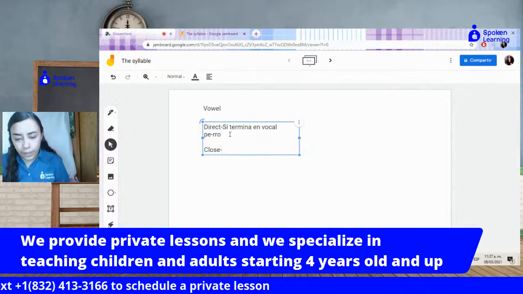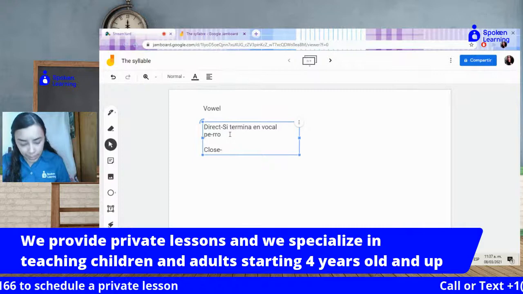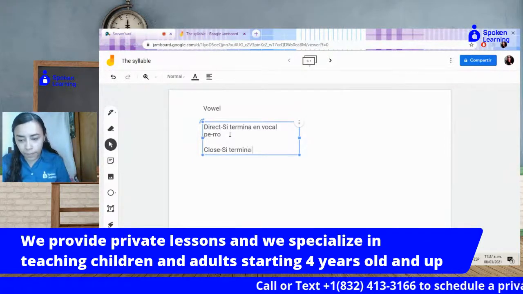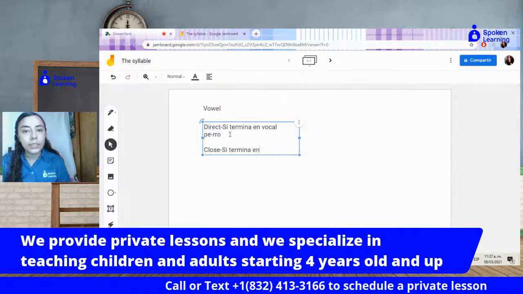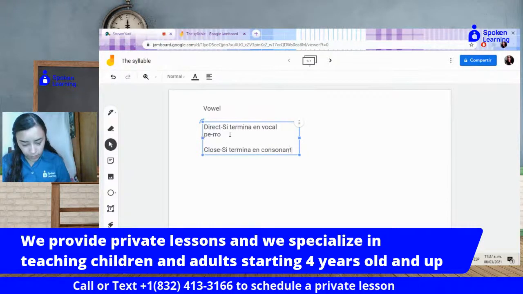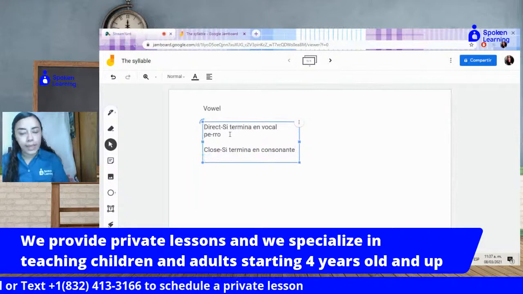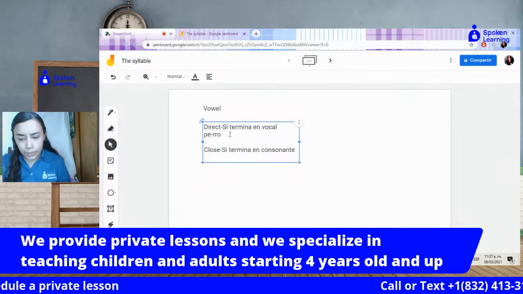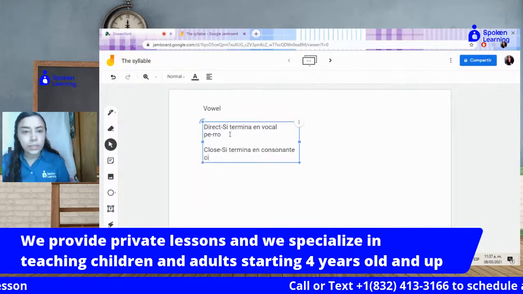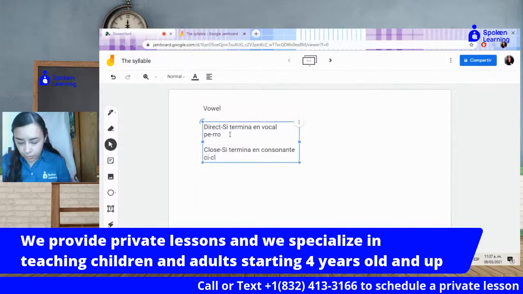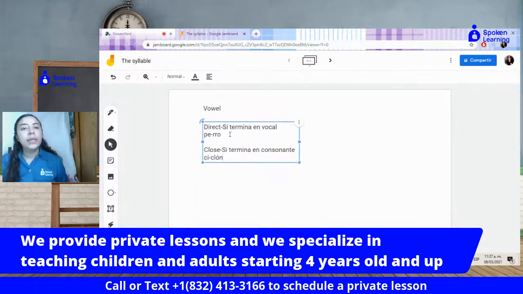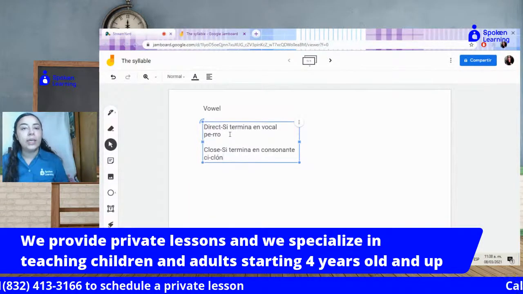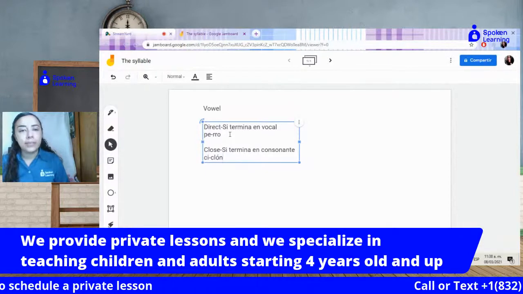The closed one is named that if it finishes in consonant. Okay, excellent. So an example could be ciclón. The word ciclón finishes in N, that is a consonant, N. Okay?